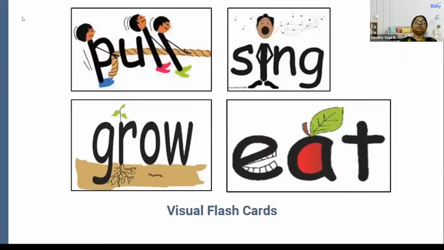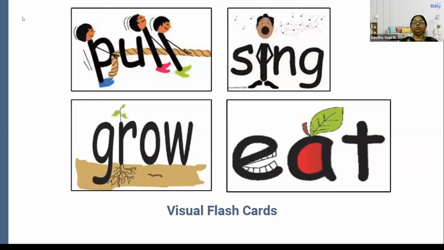Visual flashcards. Again, here, if you look at how the words are, the words have been picturized in a manner which kind of gives the meaning of the word out. So that makes more sense to the child, and they're able to relate to that word better. After a while, you can slowly fade off the pictures, and then they'll begin to recognize the word itself.